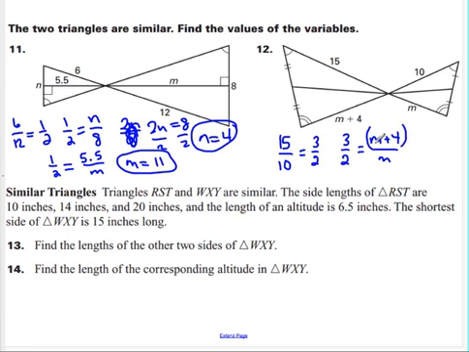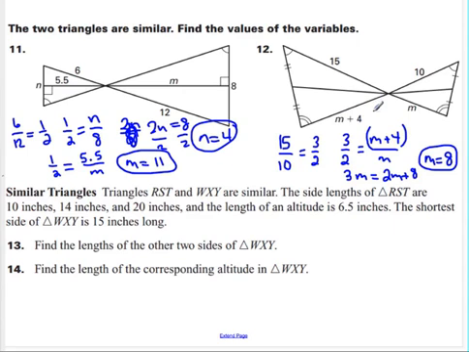When I cross multiply, I'll have 3m on one side and 2 times m plus 4 on the other, or in other words, 2m plus 8. So be careful with that. I'll move the m's to the other side, and m equals 8. That way I can also say that this side over here equals 12.